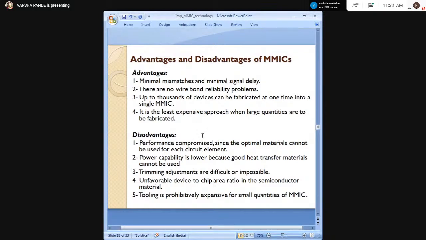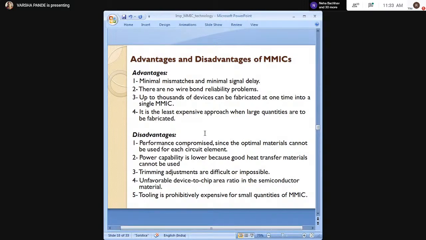But here, as you are doing mass production, if one can use the same material for most of the components so that the process becomes easy, then the same material is used. Means optimal material cannot be used in that case.